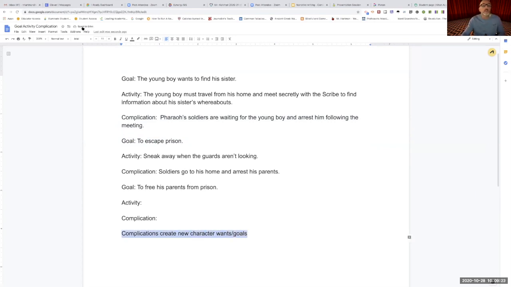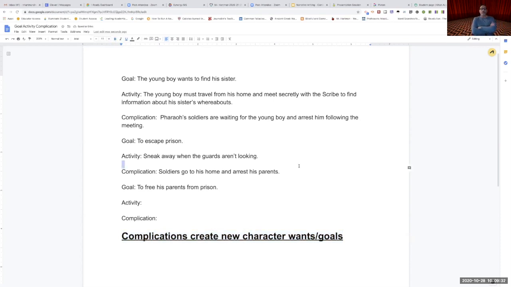If you understand this one concept, you are in great shape. Because it's like, well, what does my character do next? Once there's a complication, that complication is going to create a new goal. And then it just keeps going from there. So complications or obstacles create new goals for your main character.